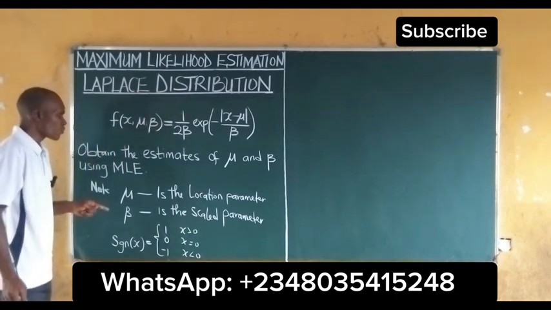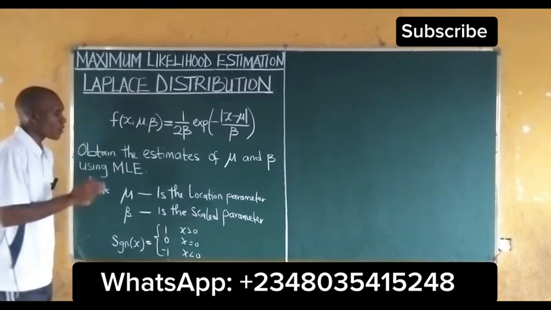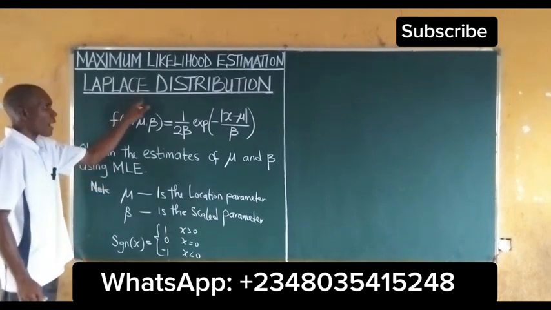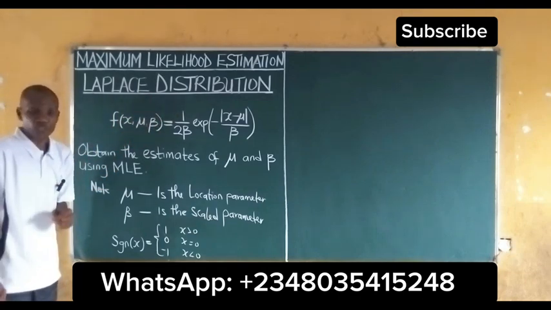So the first thing to do, if you want to compute the maximum likelihood estimation for the Laplace distribution, is to take the likelihood function.